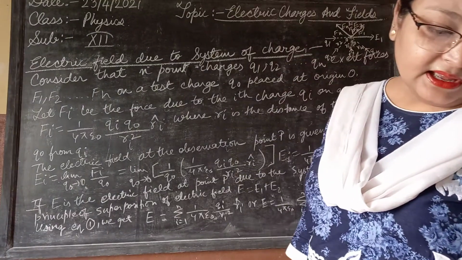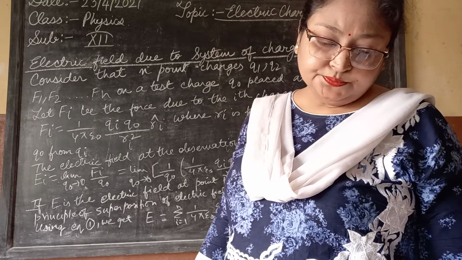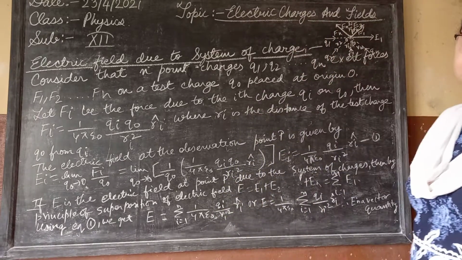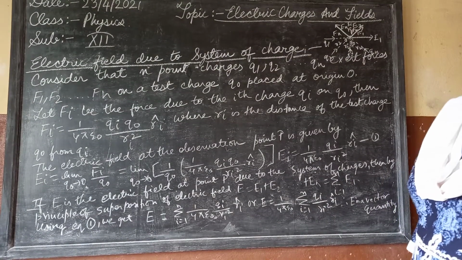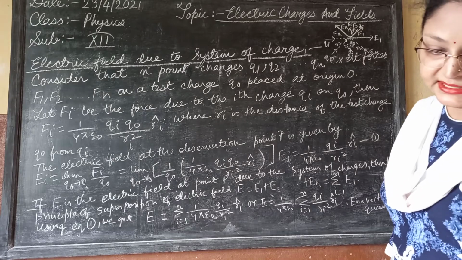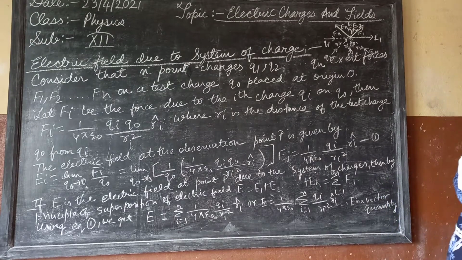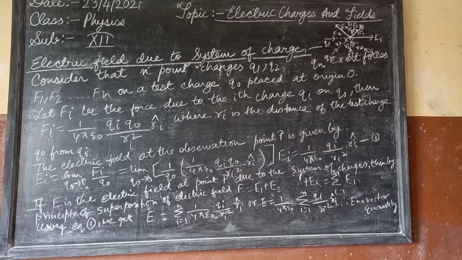We are taking Ri cap here itself, and this gives the electric field intensity at the point P. For the system of charges, by the principle of superposition, E equals E1 plus E2 plus E3 up to En, that is the sum over i from 1 to N of Ei.